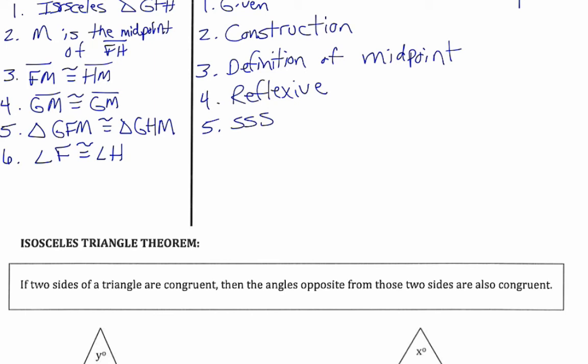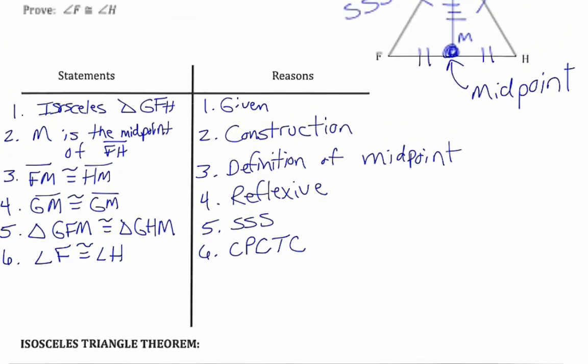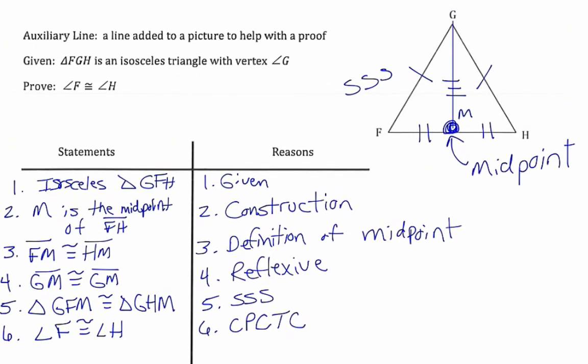Well, they have to be the same if my triangles are congruent, or corresponding parts of congruent triangles are also congruent. So there's my proof that in every isosceles triangle, the angles across from the two sides that are congruent are also the same. So let's look at an example on how we can use that.